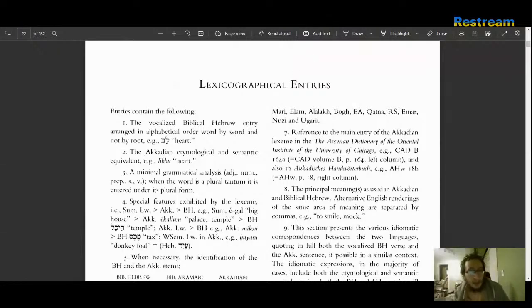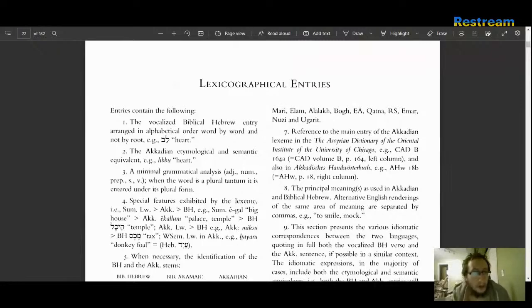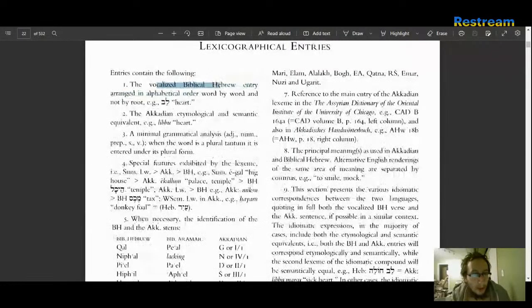So entries contain the following. The vocalized Biblical Hebrew entry, arranged in alphabetical order by word and not by root. Akkadian etymological and semantic equivalent. So, for example, they're giving lev or lib, which is the Hebrew word for heart, and then they show the Akkadian equivalent, which is lib or libu, heart.